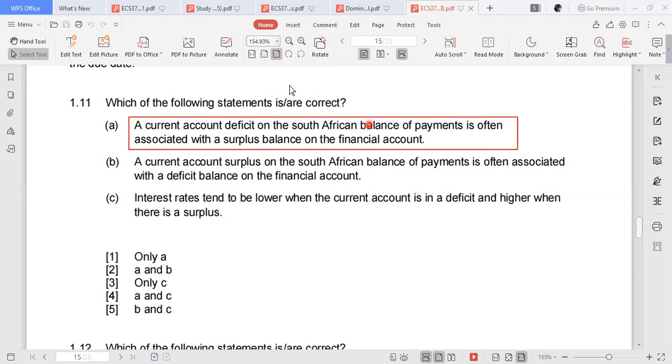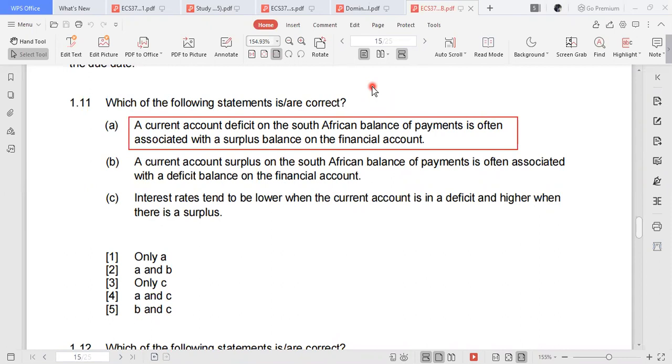I agree with Donovan, but to a certain extent, because here I'm looking at which statement is correct. That statement isn't correct. I tend to follow, because we're focusing more on the BOP as a whole. So we're not looking at arbitrage. From my understanding, the current account deficit on the South African BOP is often associated with a financial account surplus. So I go with A and B, because it can be vice versa.